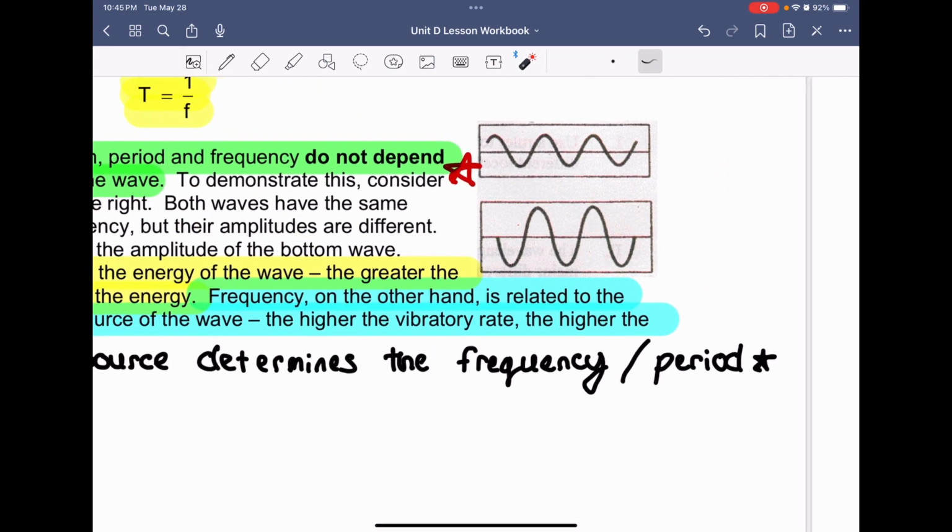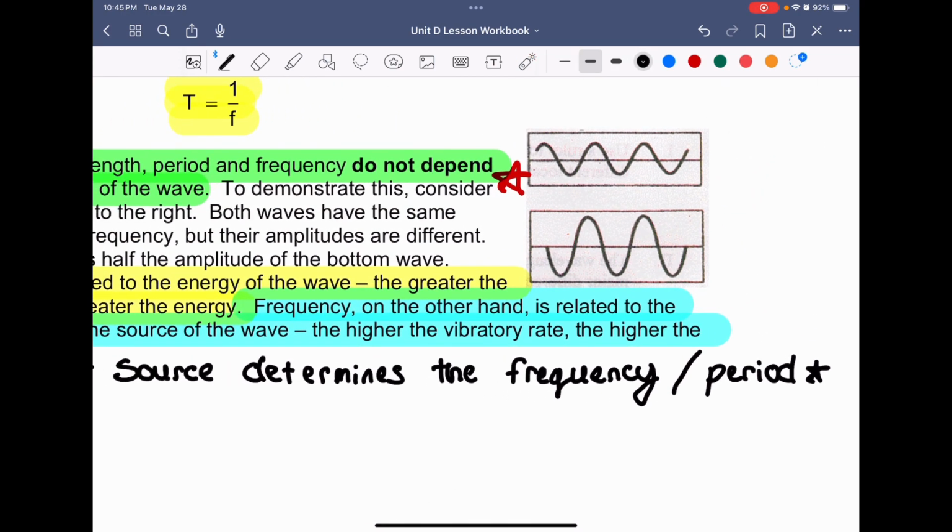Now, going over to the diagrams here, I'm just going to provide a rough example. Something with greater amplitude, maybe like ocean waves. And for the smaller one, you could have a pebble in a pond. So clearly, we know dropping a pebble in a pond isn't going to create seismic ocean waves.